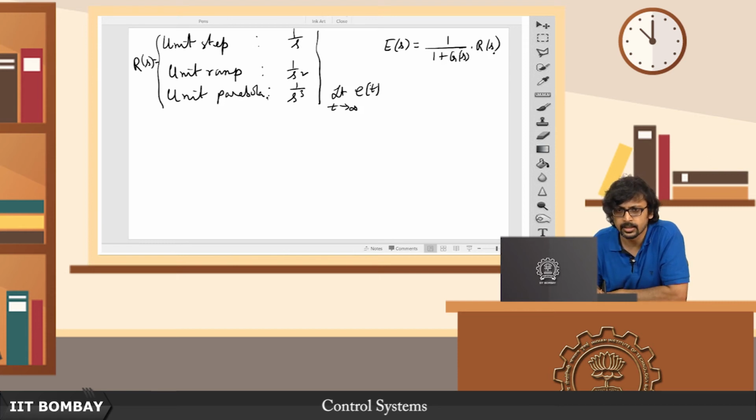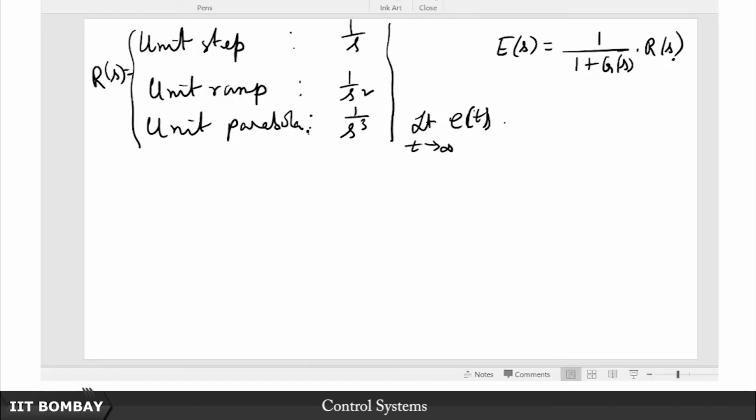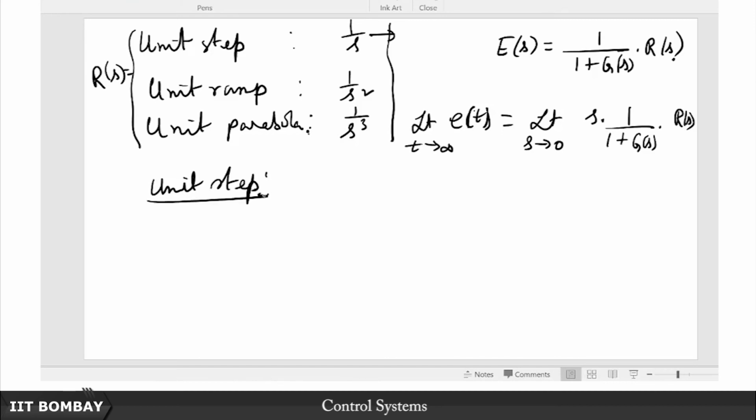So we consider the limit of E(t) as t tends to infinity, which is equal to the limit s tending to 0 of s times 1 upon 1 plus G(s) times R(s). Now sequentially we will apply these. So for unit step, what do we have here?